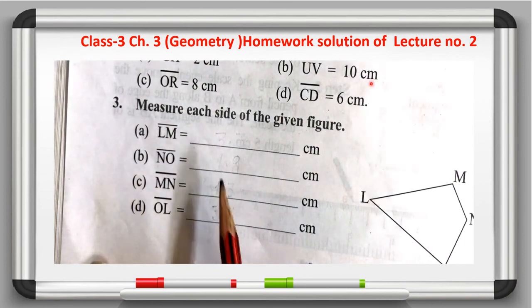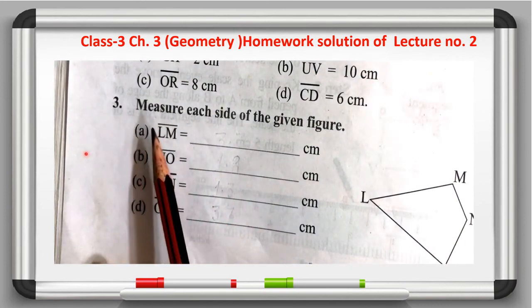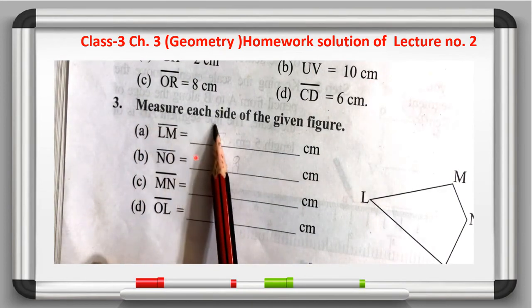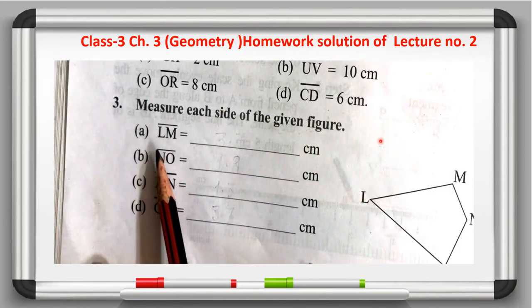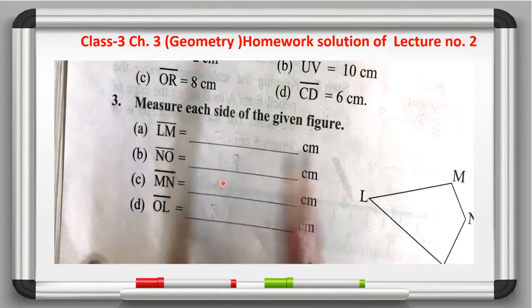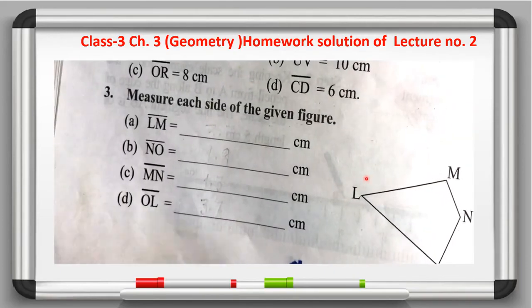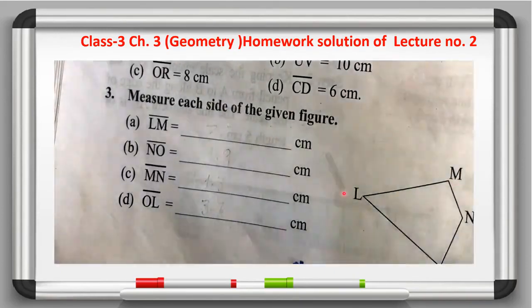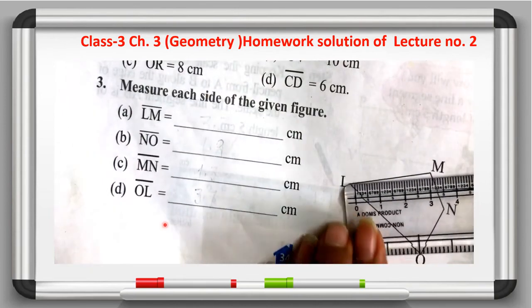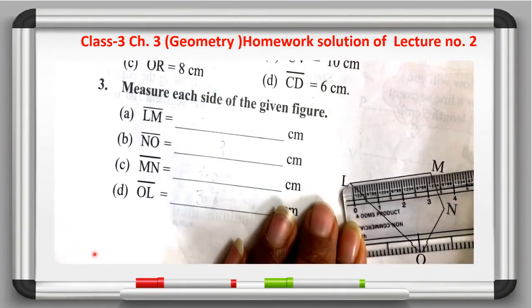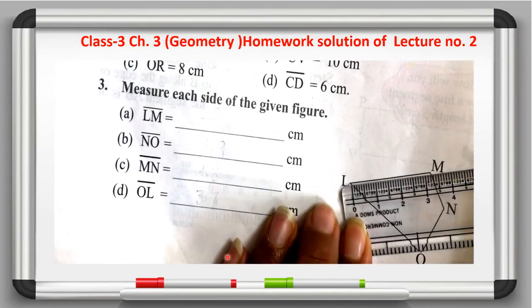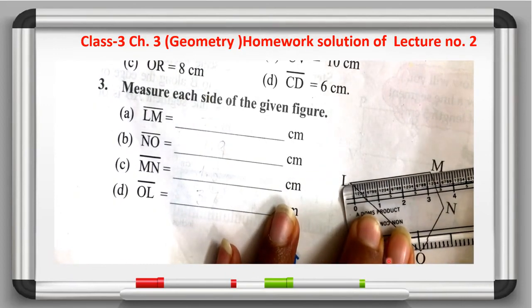Now beta, we will do question number 3 of exercise 3B. Measure each side of the given figure. So here in A part it is given line segment LM. We have the given figure, so we will measure this with the scale. We will put the scale at point L, put 0 there, and up to M we have to measure the length.